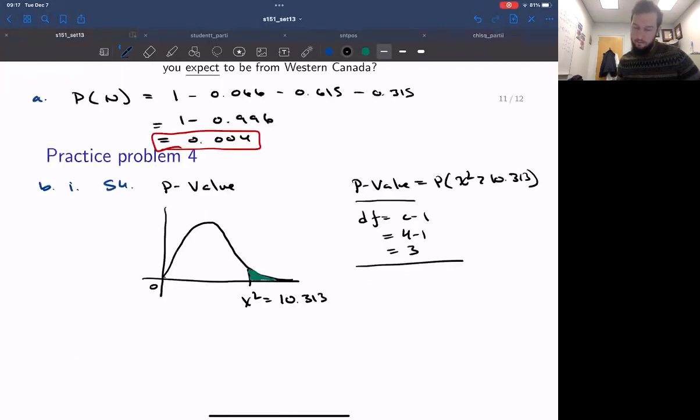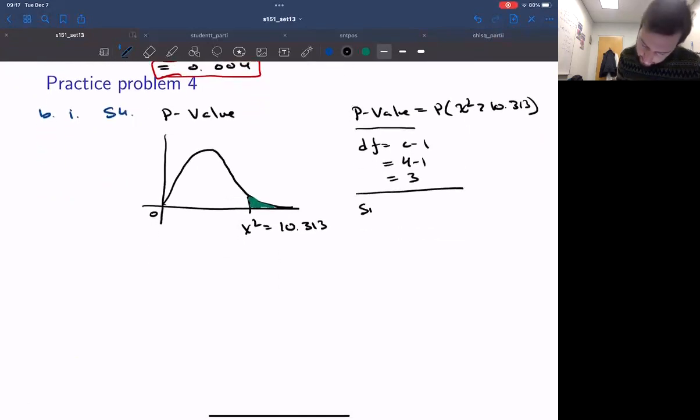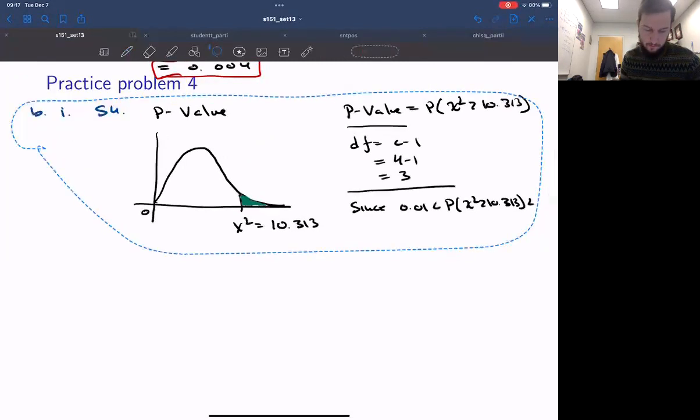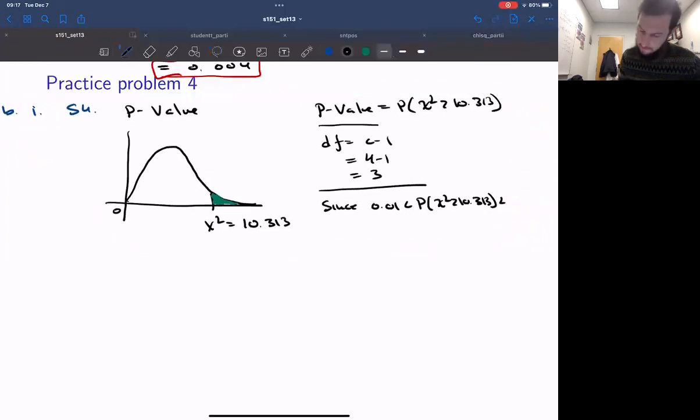So we can say, since 0.01 is less than the probability of interest is less than 0.025, then 0.01 is less than the p-value is less than 0.025.